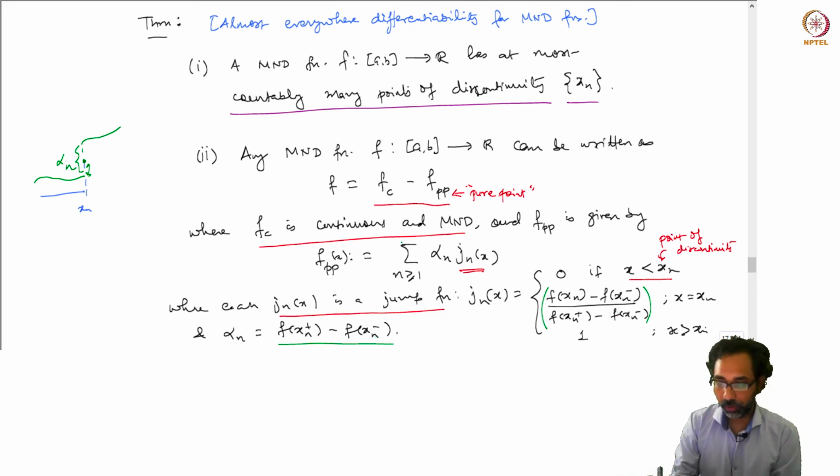So in fact this pure point function FPP is differentiable almost everywhere and the derivative vanishes almost everywhere. Since we have already proved that this one is continuous and monotonically non-decreasing, it is differentiable almost everywhere, so then f is differentiable almost everywhere.